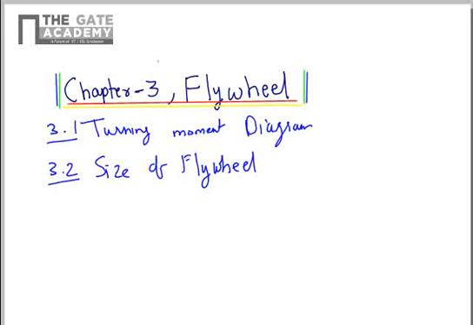Now first we will define what is a flywheel. So a flywheel you might have seen in many engines. In IC engines, there is a cylinder block, then there is a crankshaft, and power is transmitted.